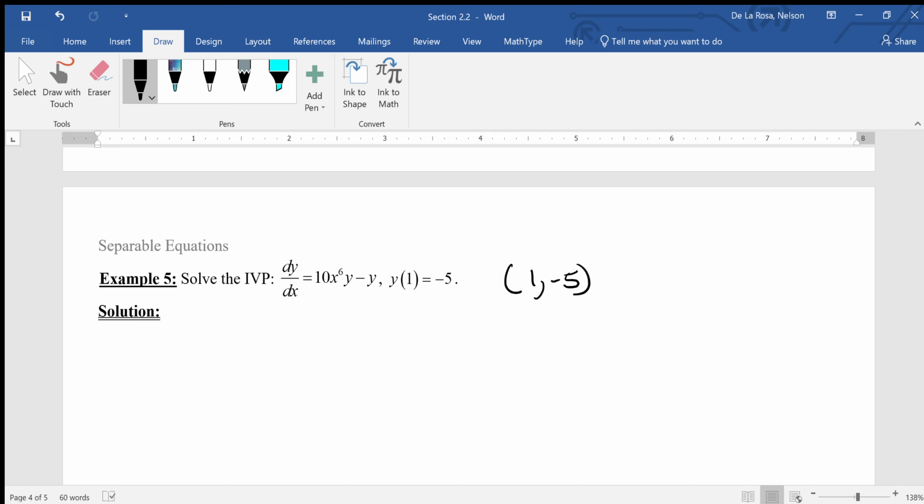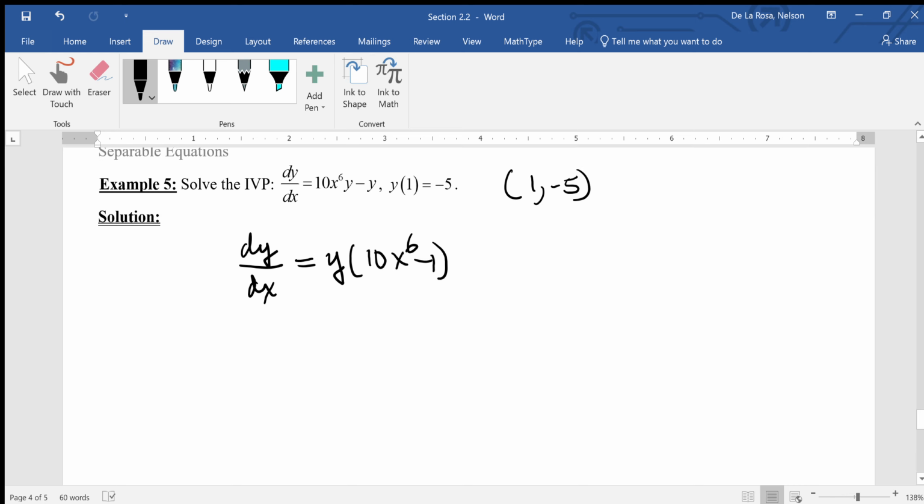Yes, we can separate variables because we can write the equation as dy dx equals y times 10x to the 6 minus 1. That is a separable equation. Then we can separate the variables and write it as dy over y equals 10x to the 6 minus 1 dx.